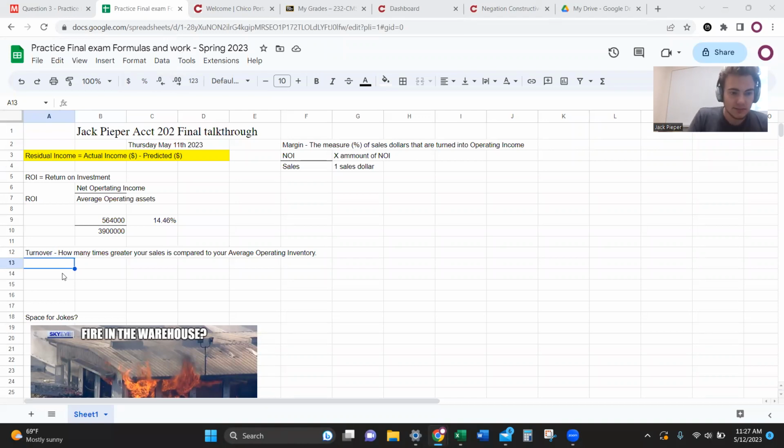Okay, cool. So going over turnover, that's how many times greater your sales is compared to your average operating inventory. That's the practical definition. But even more practical than that, in plain English, turnover measures how much our inventory is turning over.